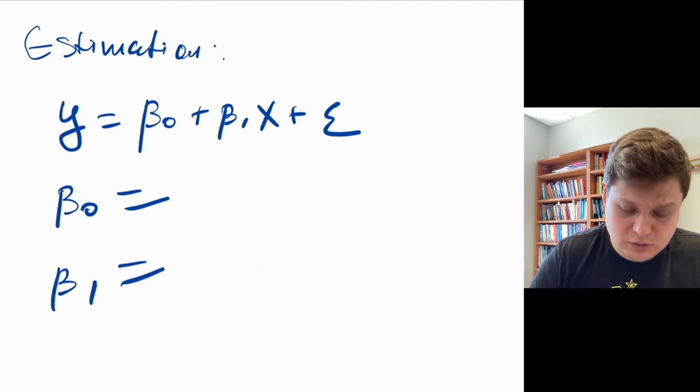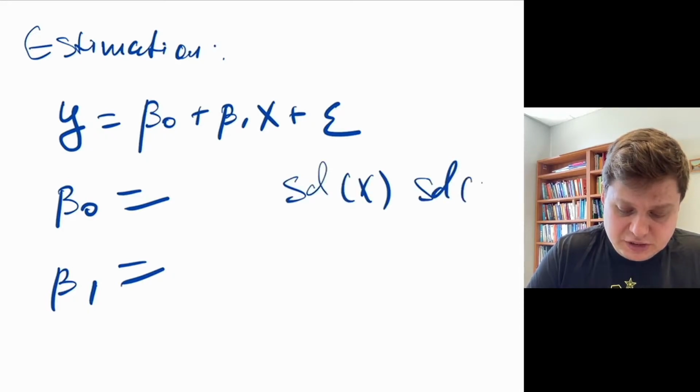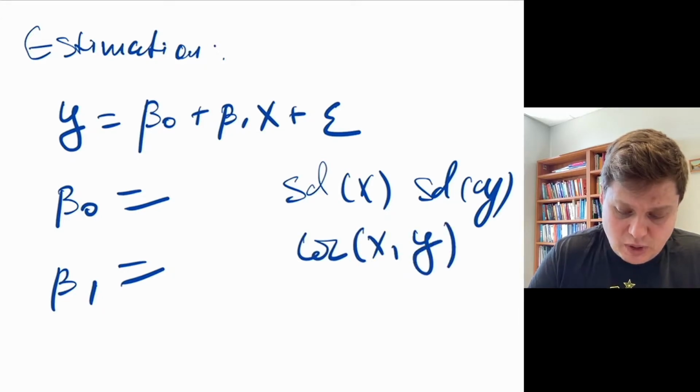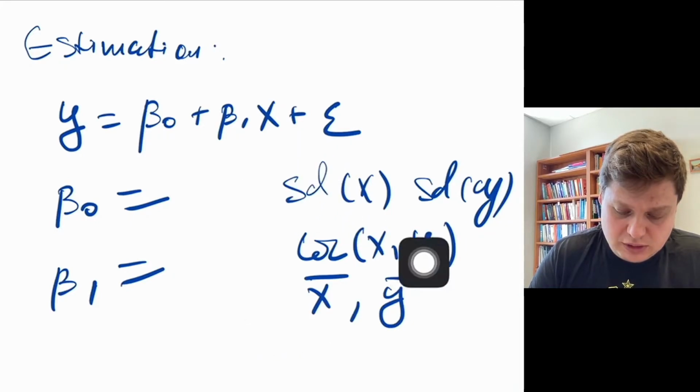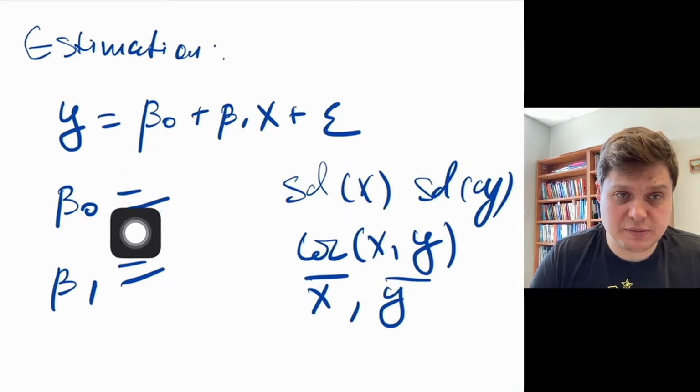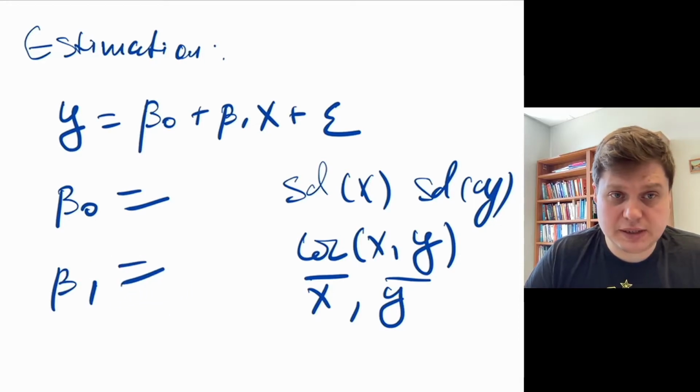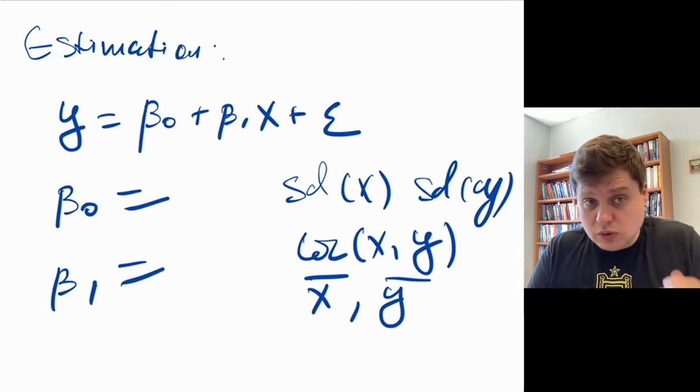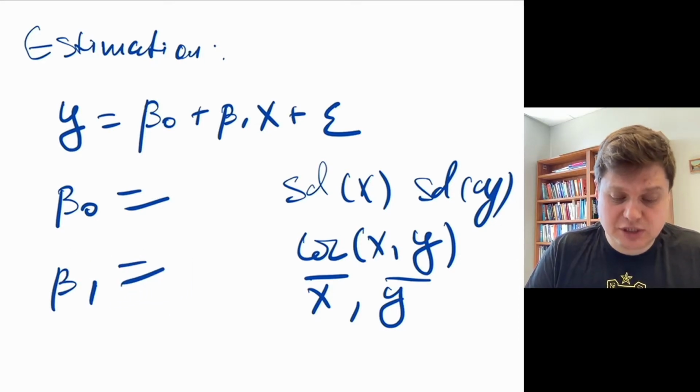We were able to calculate them from the standard deviation of x, the standard deviation of y, and the correlation between x and y, and also we needed to know x bar and y bar. Once we calculate all those quantities, we can plug them into the formulas and calculate beta 0 and beta 1. So you saw a couple of examples of estimation.